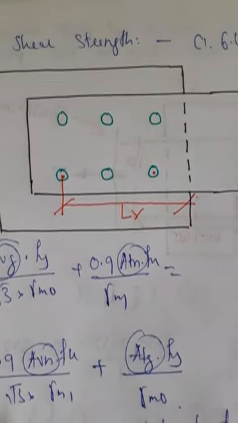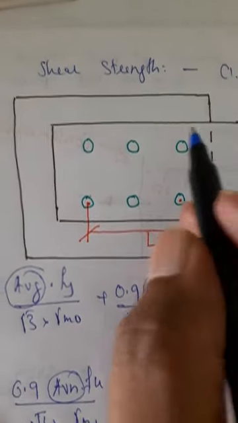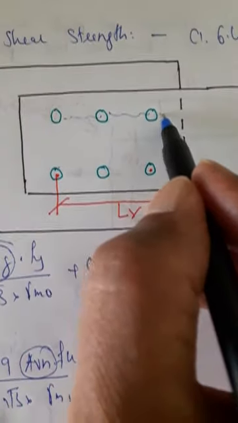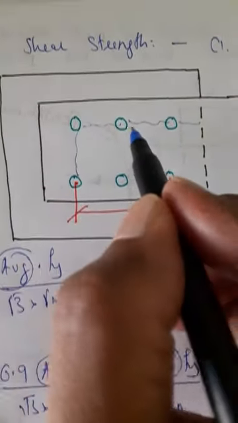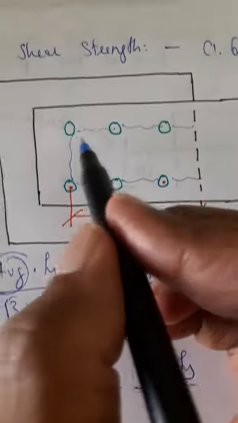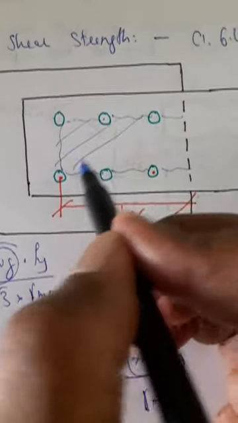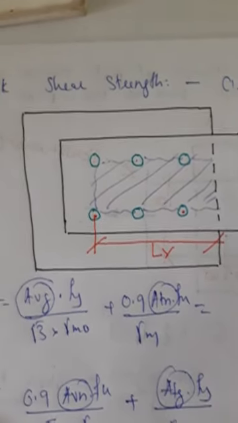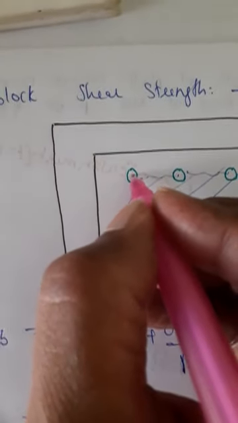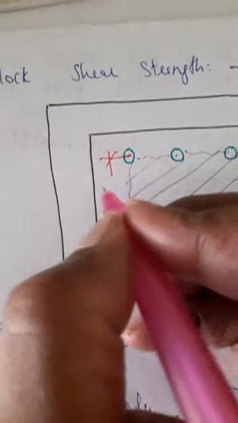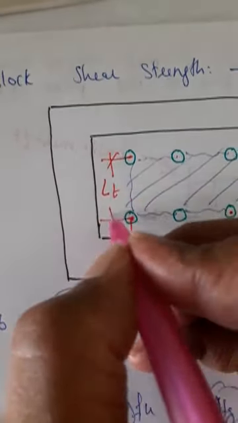Actually here block failure will be like this. This much is the block failure and this bolt center to here is LT in tension.